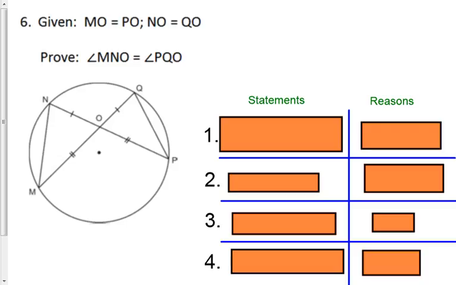All right, we have our last proof here. Given this figure, we have kind of a larger circle, and inside of the circle, looks like there are a couple lines crisscrossing each other.